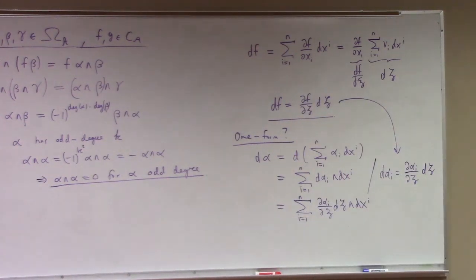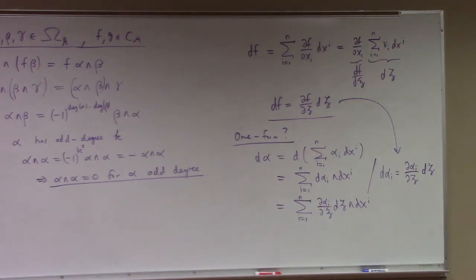Multiply by v_i and its inverse. Let's see here. Yeah, we could do that.